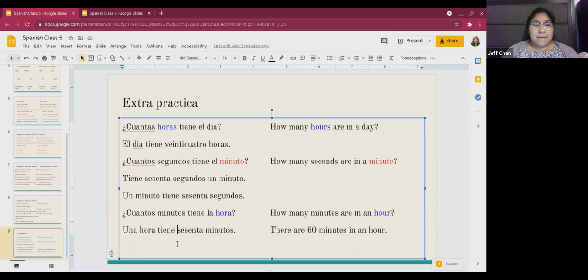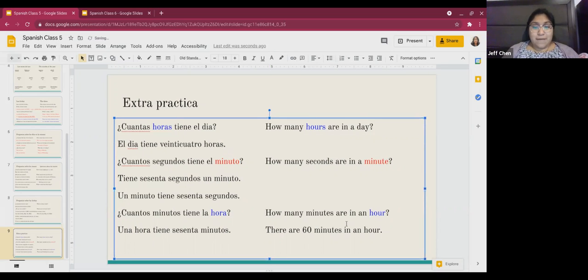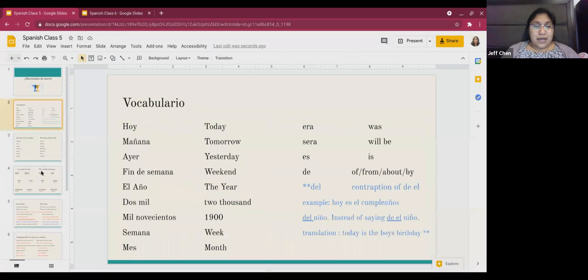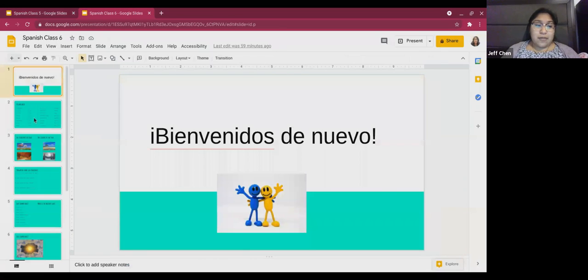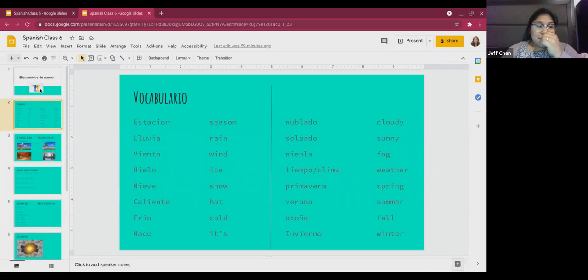Later on I'll be showing you about the masculine and feminine words and how to distinguish them. But for right now, little by little. Muy bien.